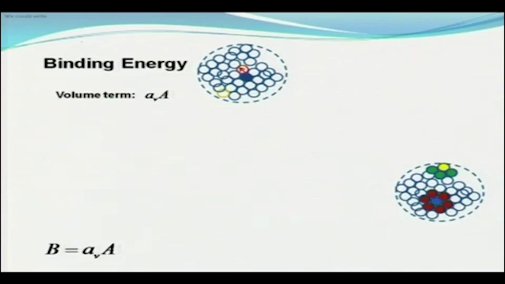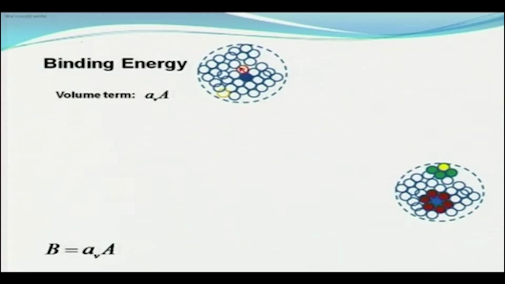But now, when we consider the binding energy to be proportional to A, we are thinking that the number of nearest neighbors for all the nucleons is the same, but that is not true. When we consider a nucleon sitting at the periphery, at the surface, we will see that it has a slightly smaller number of nearest neighbors, and this adds a correction to the binding energy.